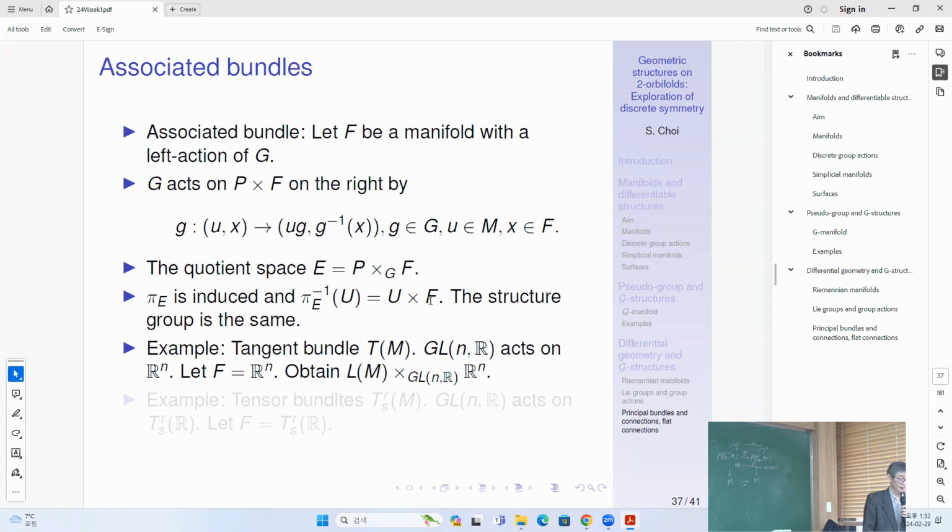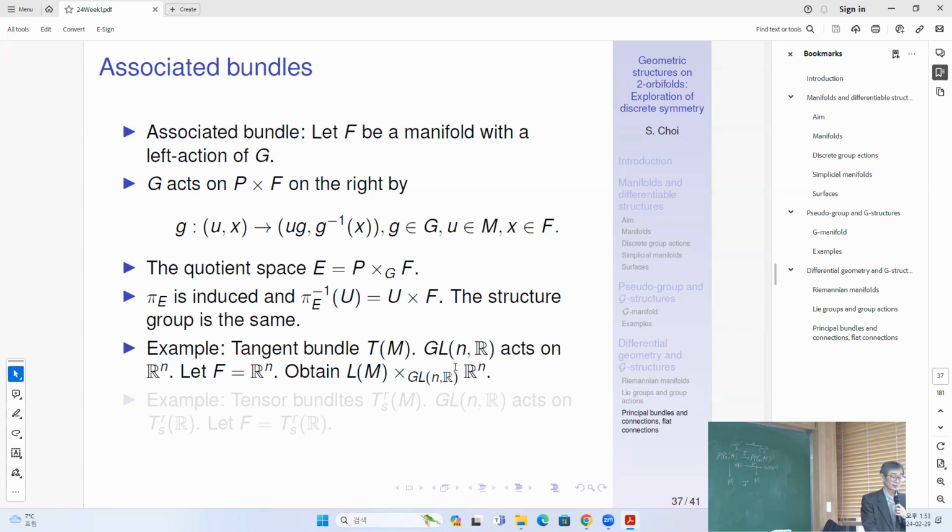GL n R is actually going to be replaced with just a point, Rn. Before this, for P you have times G, but when F is Rn, then you replace it with Rn.